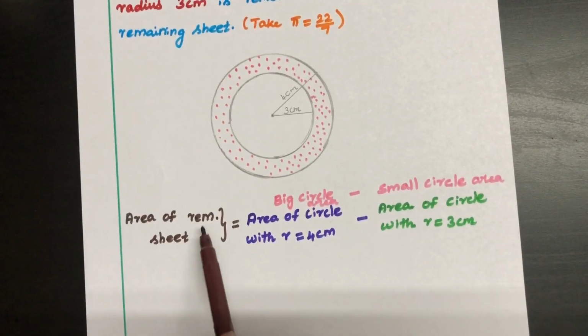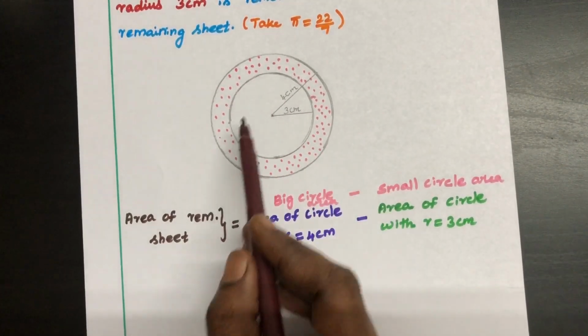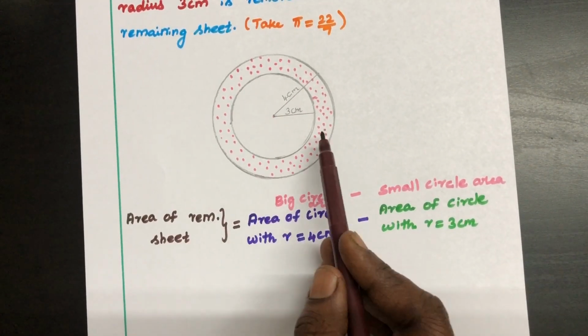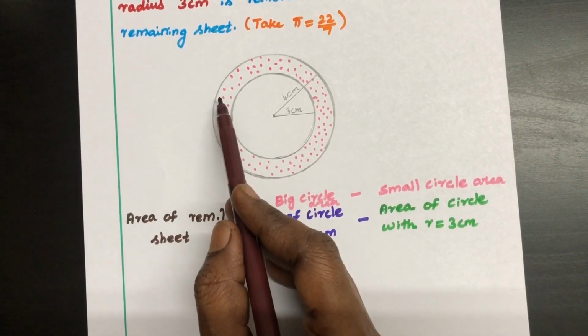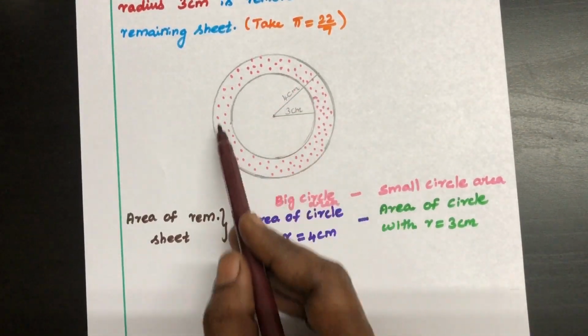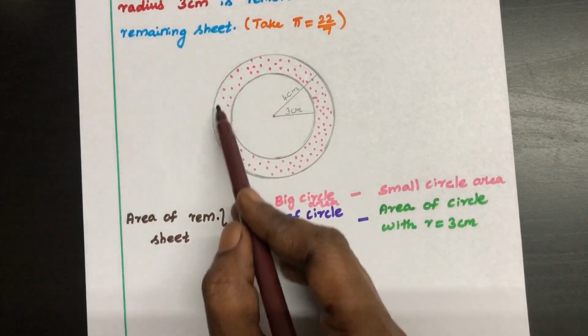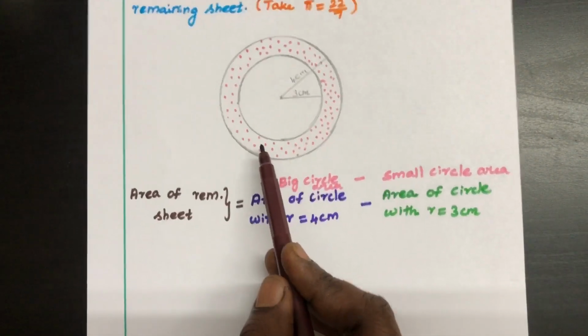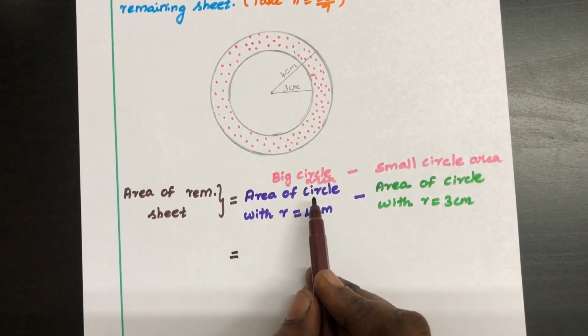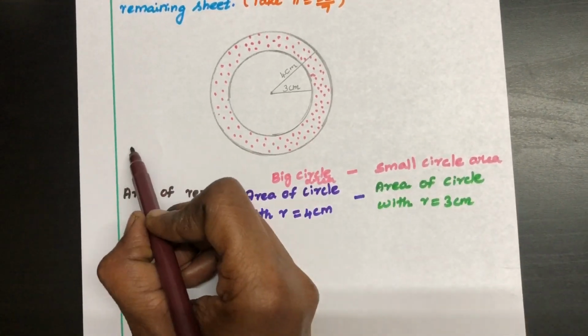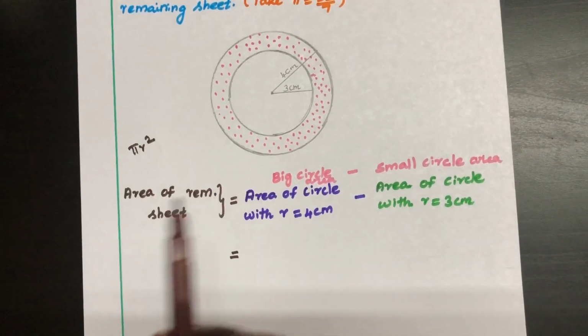See, area of the remaining sheet means we calculate the area of both the circles and subtract the smaller circle area from the bigger circle area, and we will get this path area, right? This remaining sheet area. So the area of the big circle. Area of the circle formula is always pi r square, right?